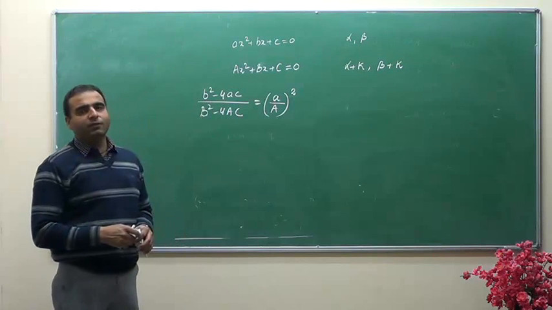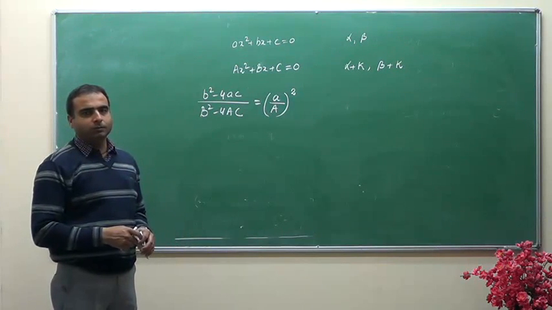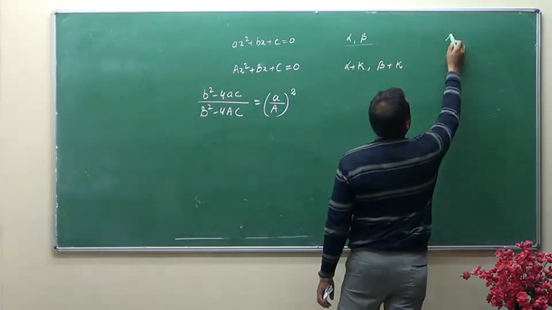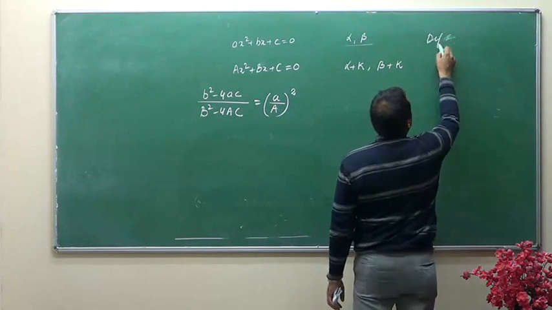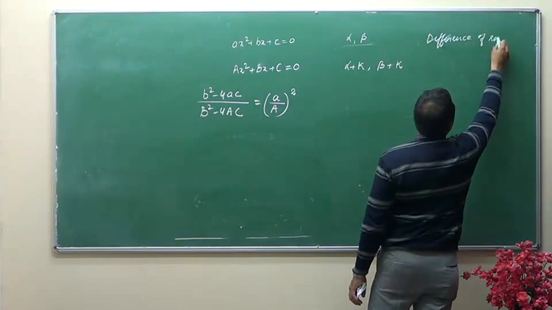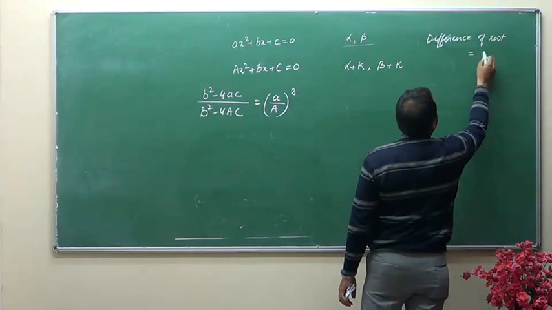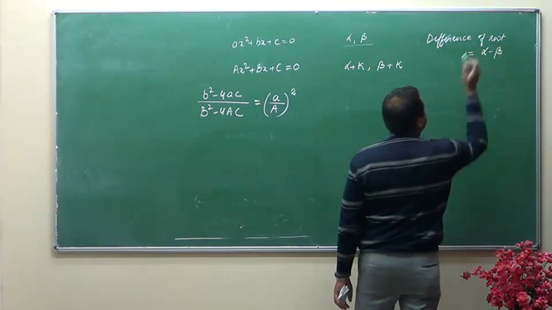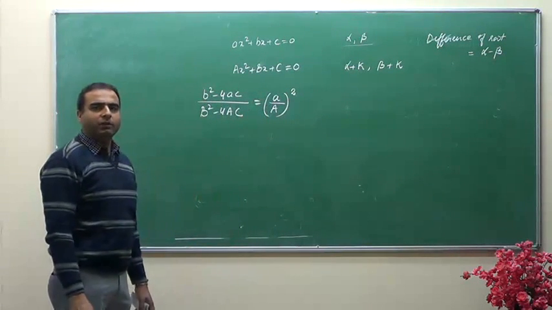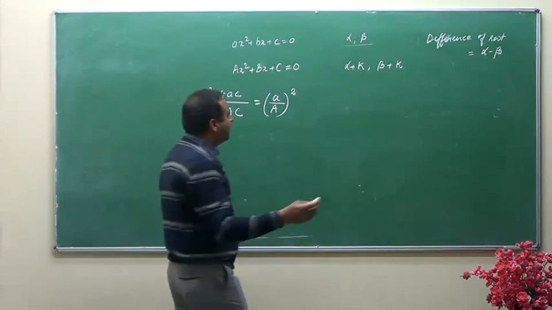If we find the difference of both the roots, in this case the difference of roots is alpha minus beta.